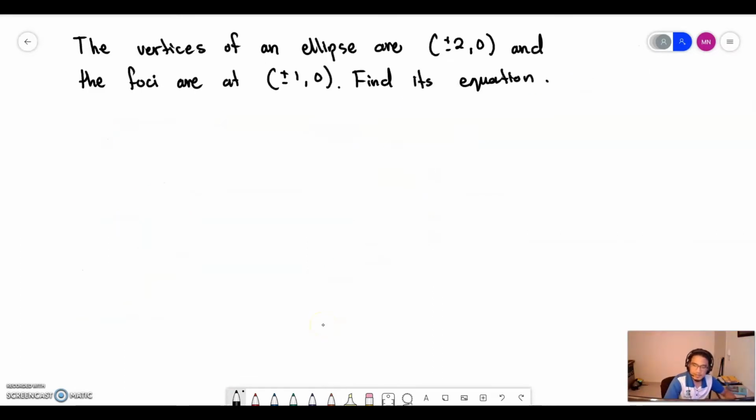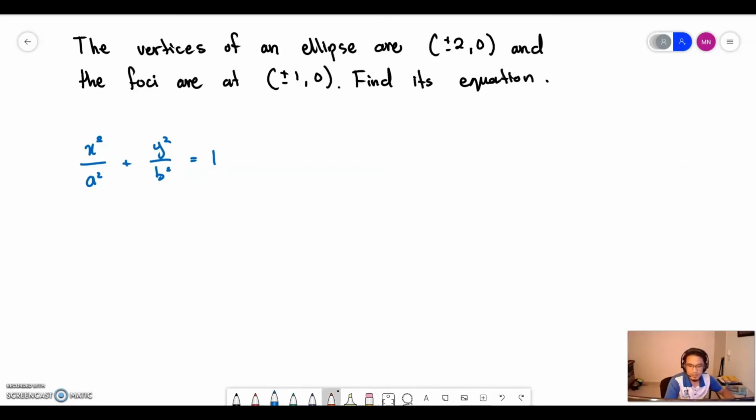Alright, so next example, we want to find the equation of an ellipse given the vertices and foci of the ellipse. We can see the equation of ellipse must be x square over a square plus y square over b square equal to 1.